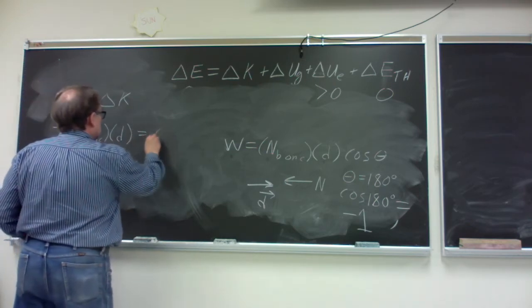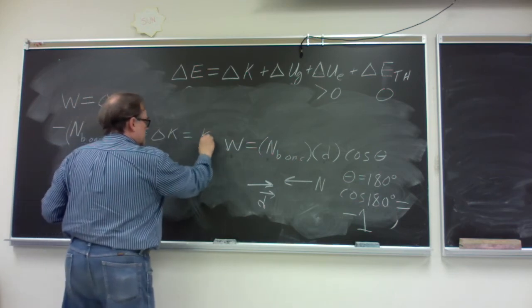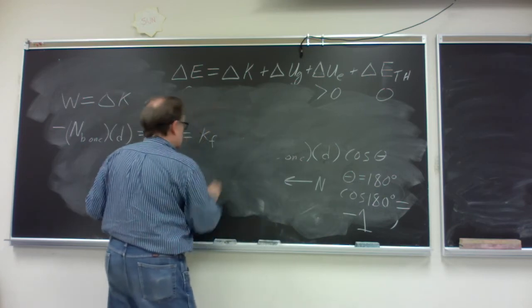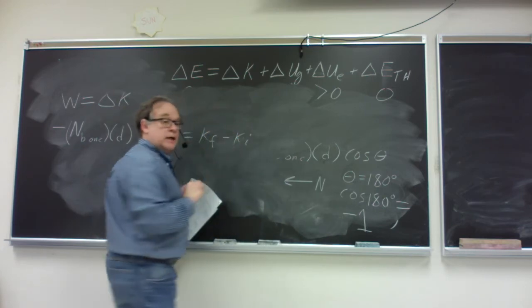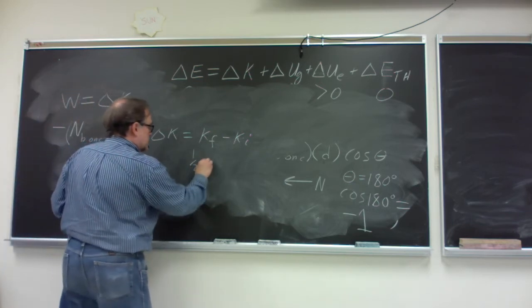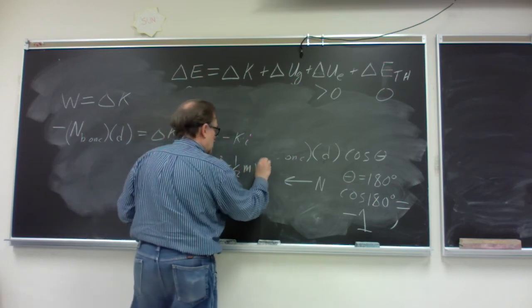And that's equal to the change in kinetic energy, which is just final minus initial kinetic energy, or 1/2 mass final velocity squared minus 1/2 mass initial velocity squared.